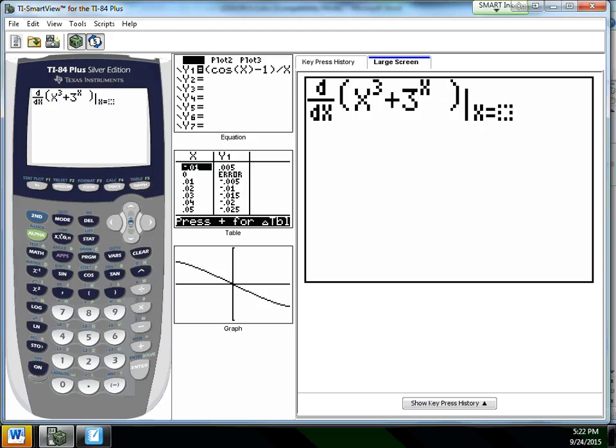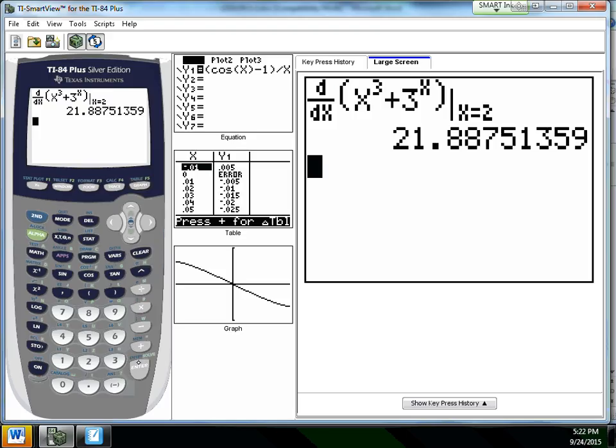And then it said evaluate it. So that's what we're going to come over here and do. They're like, okay, what do you want to plug in for x? We want to plug in the number 2 and enter. So there we have it. The derivative of that function at 2 is 21.887, or you could round to 21.888. So that's all there is to the product rule and quotient rule.